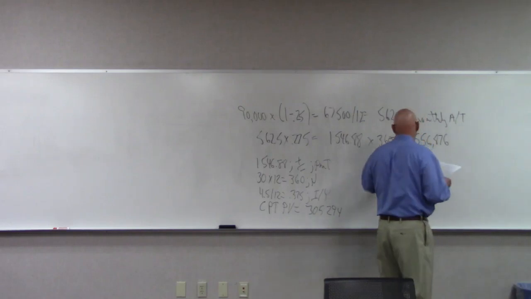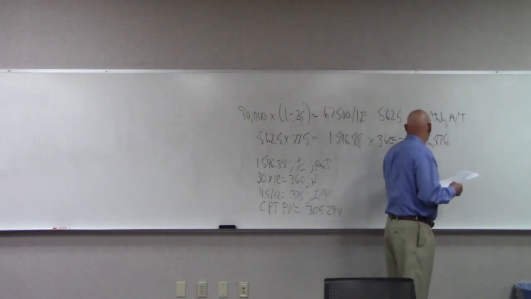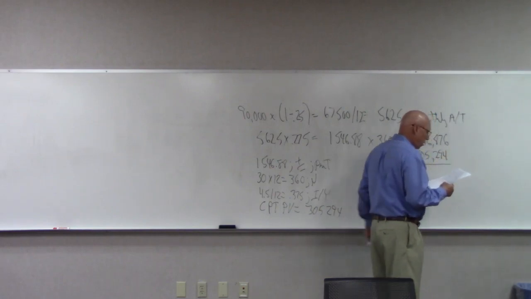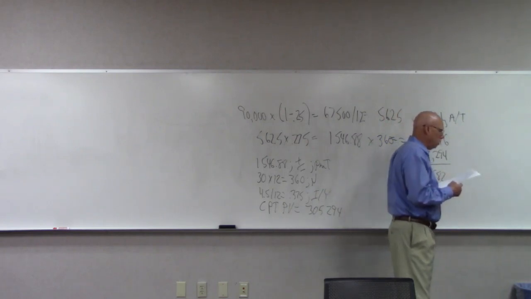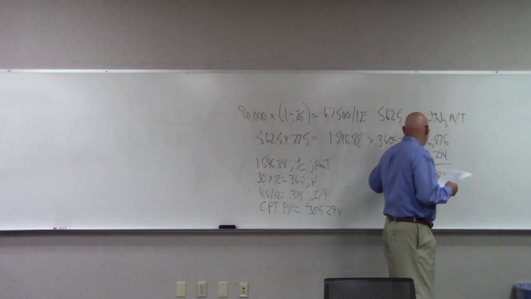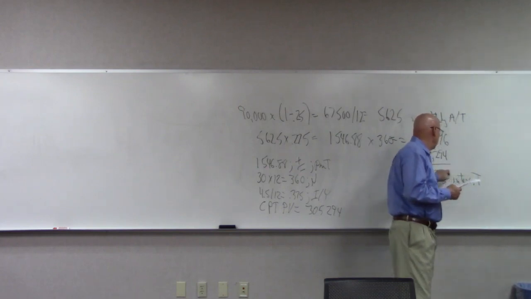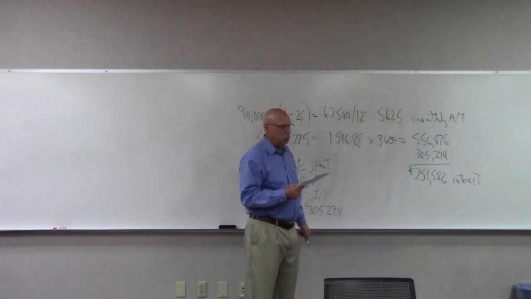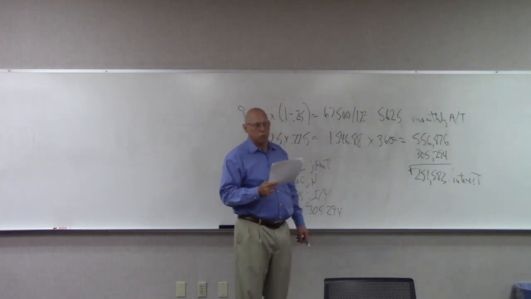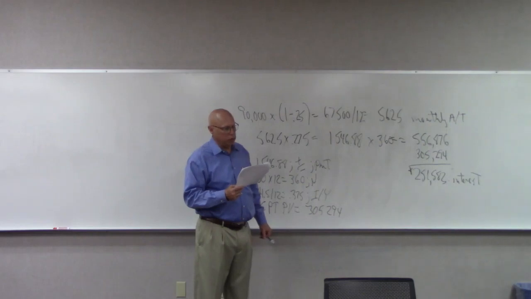Now let's subtract out the amount we're borrowing, 305,294, and the difference, 251,582.8, let's just leave it 583, is the interest. Okay? That's the amount of interest.